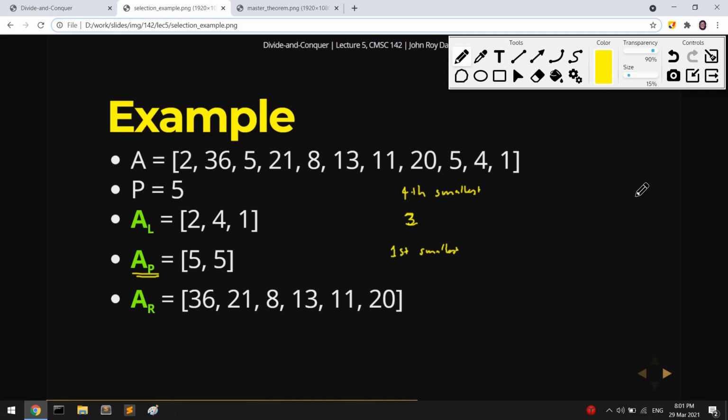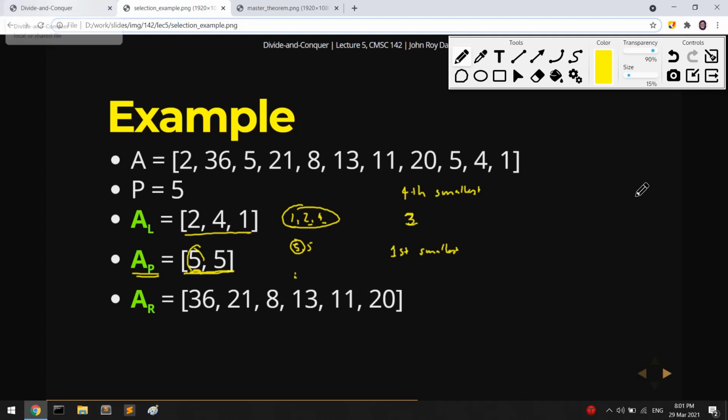Because if we sorted this one, that would be 1, 2, 4, 5, 5, and so on. So that would be 1, 2, 4, and then this one would be the fourth. But we don't need to sort this one. Okay, we know that there are 3 items that are less than the numbers here. So we just need to select the first item here.